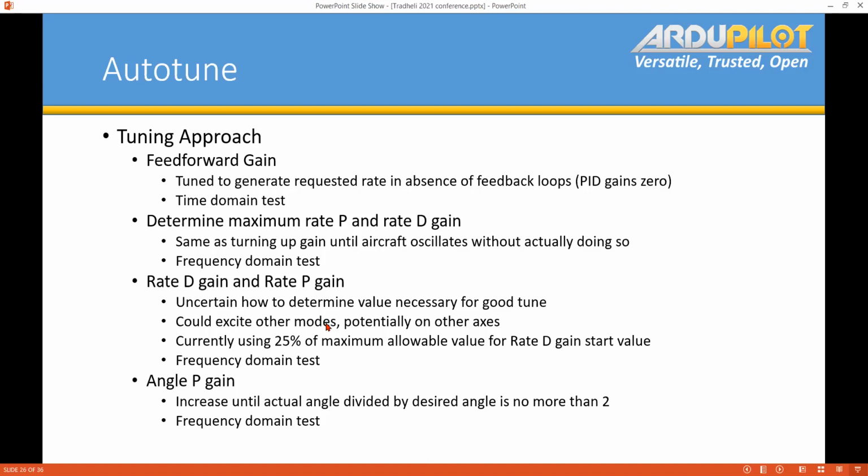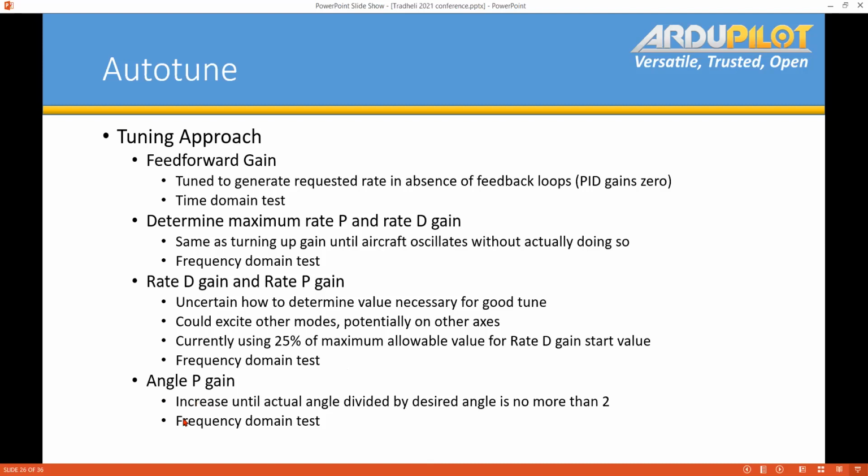Right now I'm looking for the frequency that results in a phase of 180 degrees. But I could excite the lead-lag dynamics at a higher frequency, like 9 hertz, where I might be looking at 4 hertz for this, to go unstable. So anyway, that's another frequency domain test that I use.